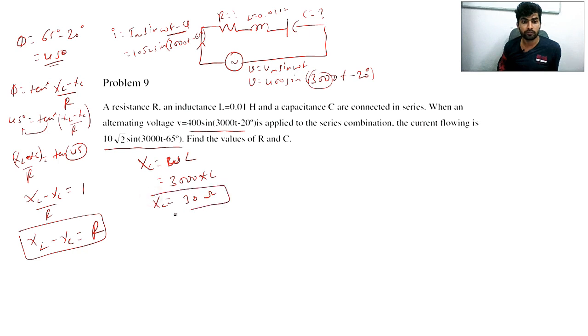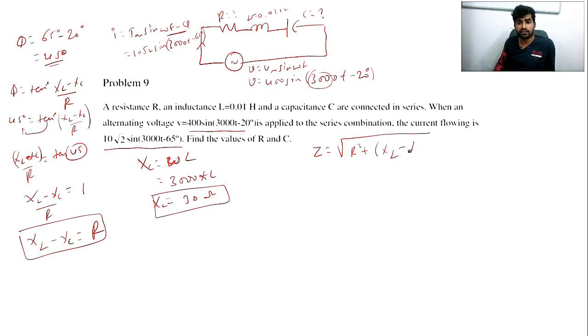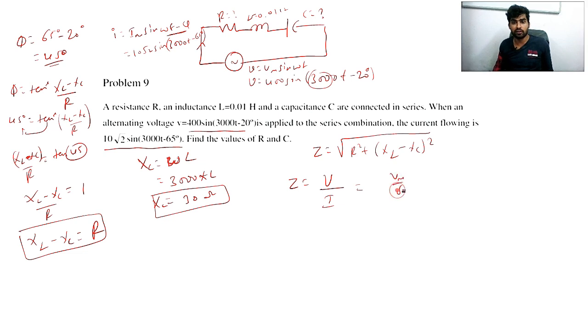XC we don't know and R also we don't know, so it is not possible to calculate yet. Now we will calculate the Z value. Z is the root of R square plus (XL minus XC) whole square. Again XC and R we don't know, so that is not possible. So Z is equal to VRMS by IRMS, that is Vm by root 2 divided by Im by root 2.